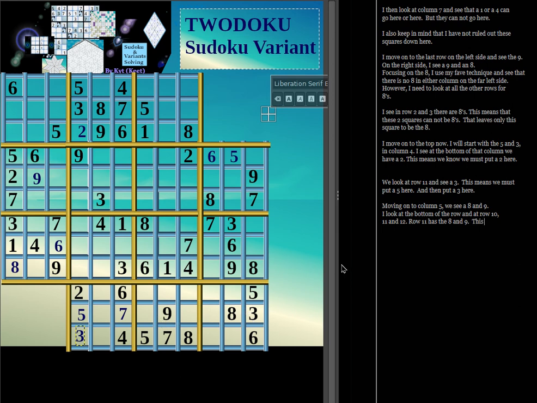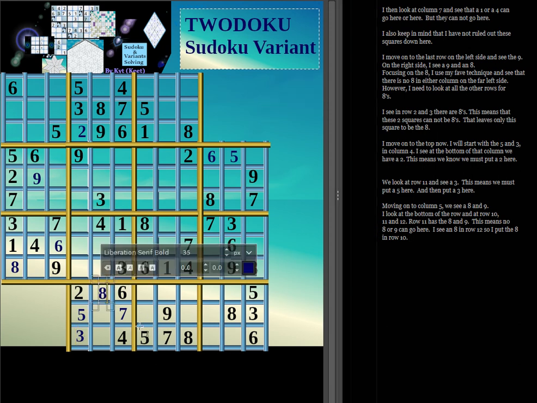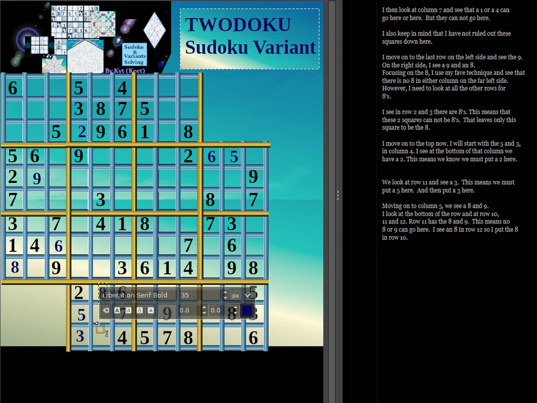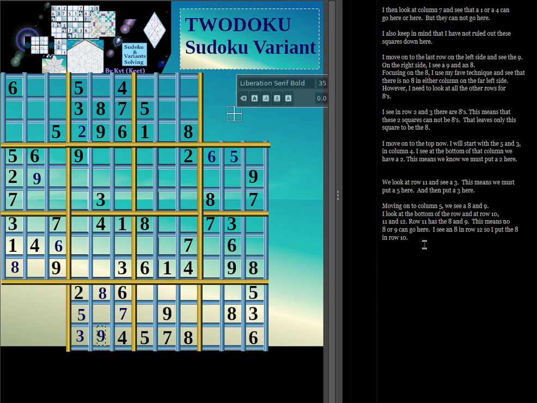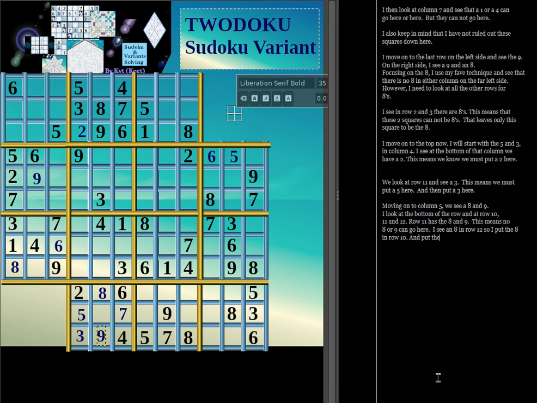So this means no 8 or 9 can go here. I see an 8 in row 12, so I put the 8 in row 10. And put the 9 in row 12.